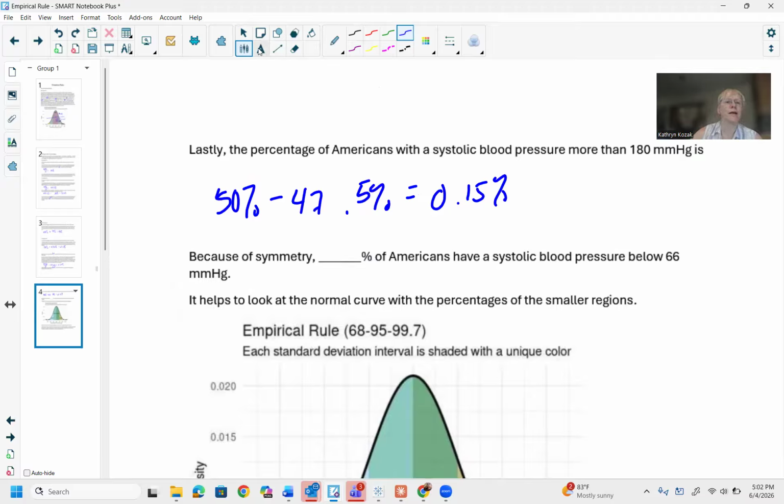Sorry, that's 49. I apologize. I don't mean to be writing my answers wrong. So that's minus the 49.85%. So 50% minus 49.85% is 0.15%.